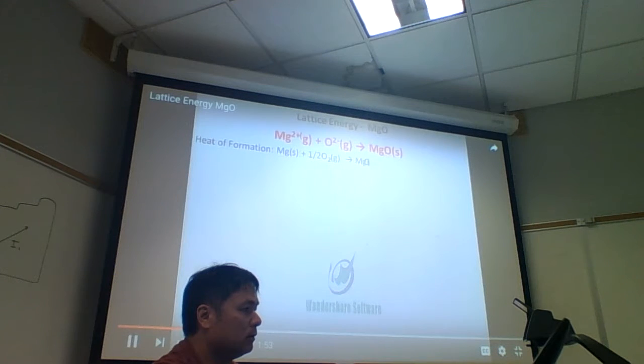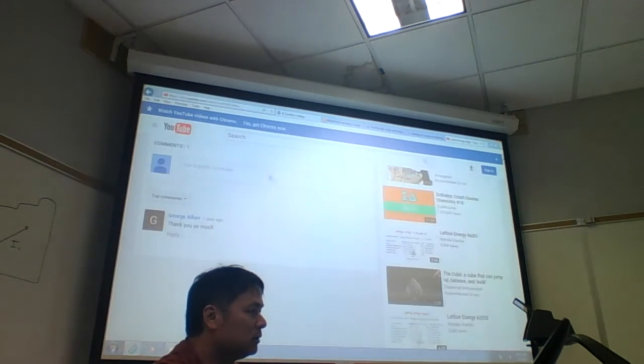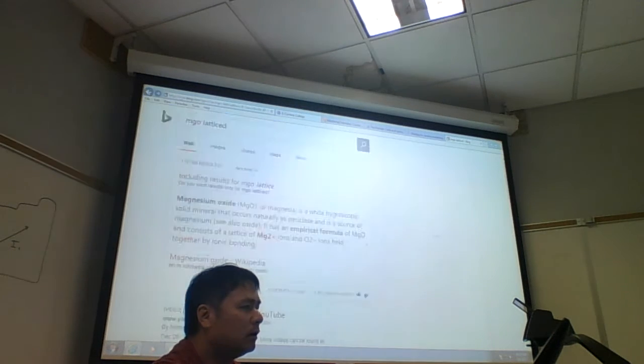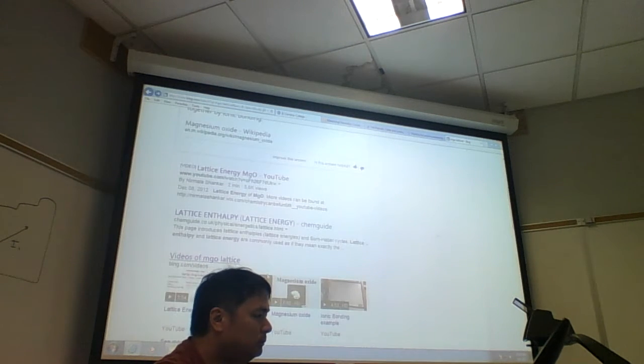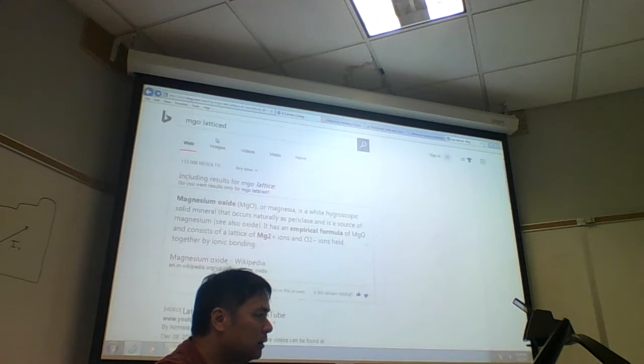So in order to calculate the lattice energy, we need the equation. We'll just skip the lattice energy tutorial. All right. Let's see images here.